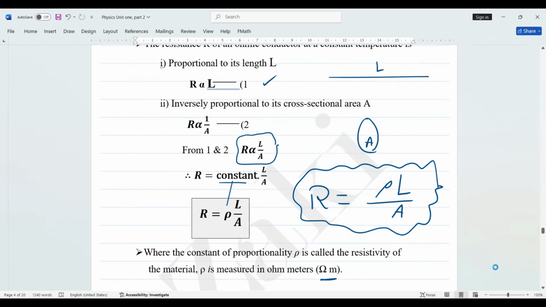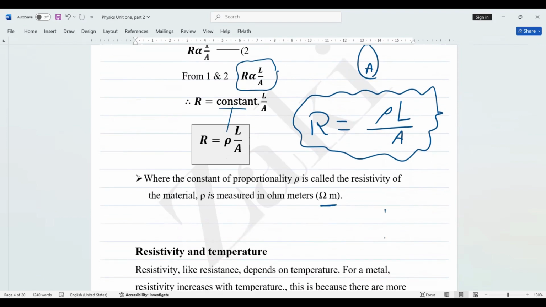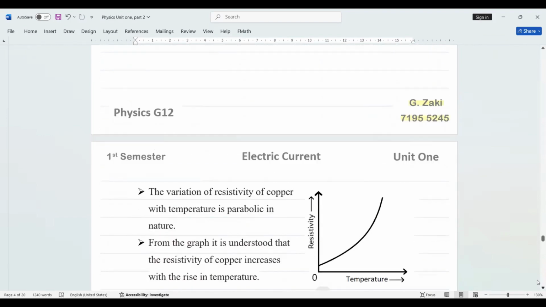So we have two symbols: resistance denoted by R and resistivity denoted by rho. What is the difference? Resistance depends on the shape of the wire, the length or area, but resistivity depends on the material. Then, what about the resistivity and the temperature? The same as the resistance and temperature.